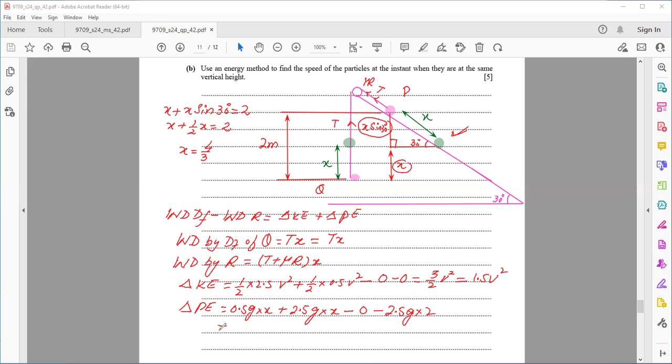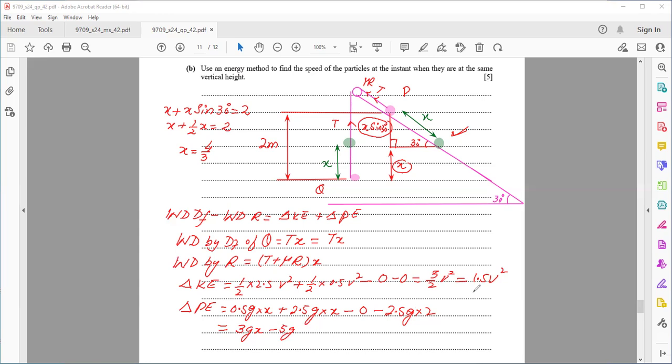So for the potential energy, 0.5 and 2.5 becomes 3gx, am I right? And this becomes minus 3gx, and 2 multiplied by 2.5 becomes 5g. Now I have the value of x over here, and I will substitute the values of x.